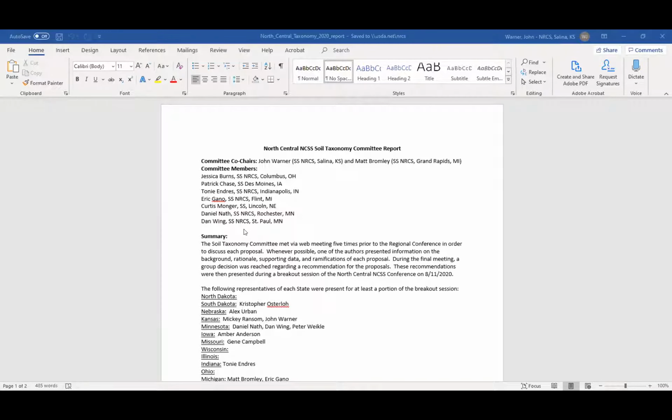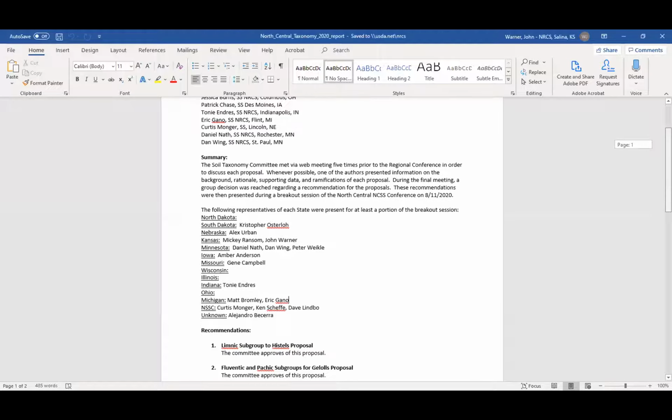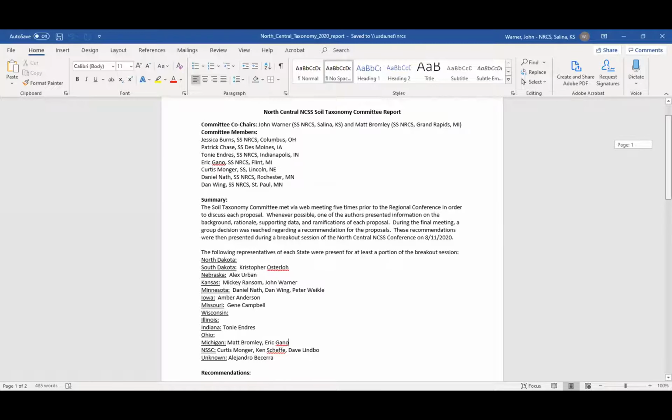Well, thanks everybody. First of all, I want to thank Matt Bromley, the co-chair, and Curtis, who was kind of our scoutmaster. I appreciate their help in Denver. We had a great group of folks in the committee, and you can see them at the top there. I won't go through their names. You'll be able to see it on the report.